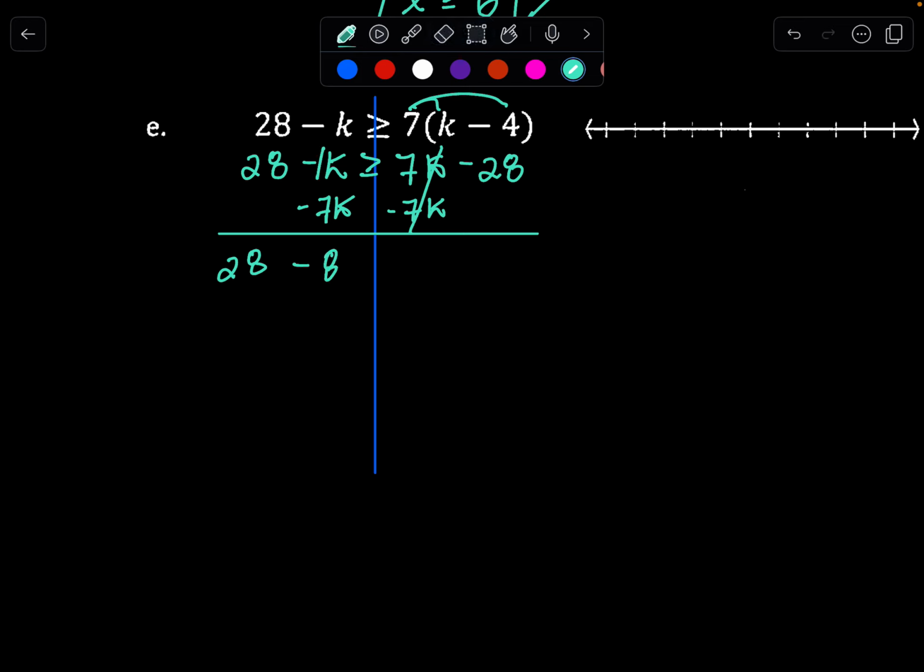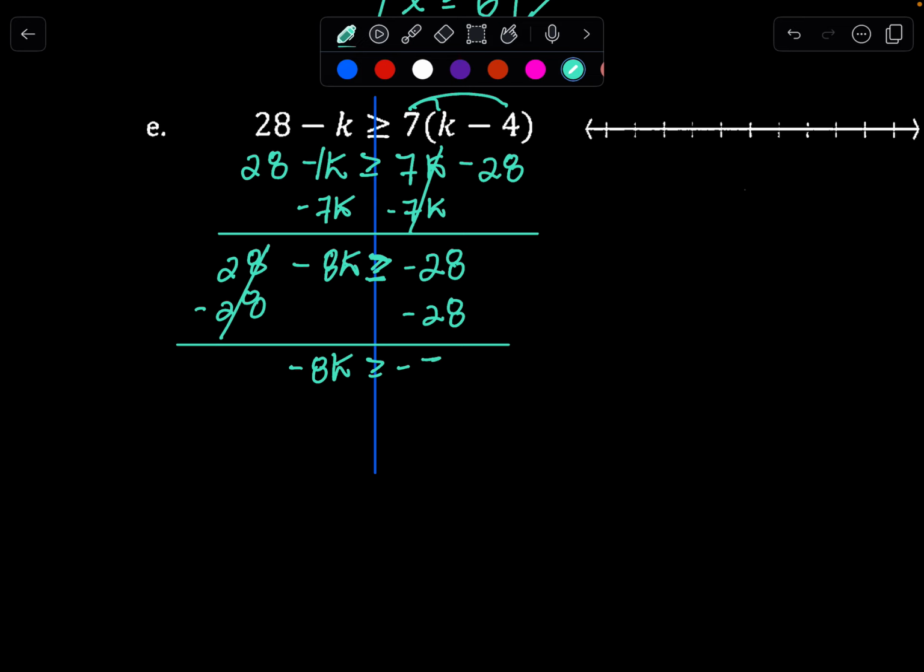So we'll end up with negative 8k greater than or equal to negative 28. Subtract the 28. Don't make the mistake of thinking that's 0. Negative 28 minus 28 is not 0. 28's out. Negative 8k is greater than or equal to negative 28 minus 28, which is negative 56.